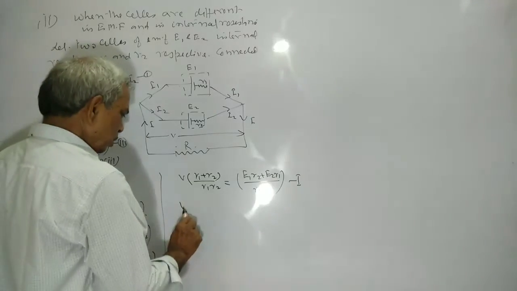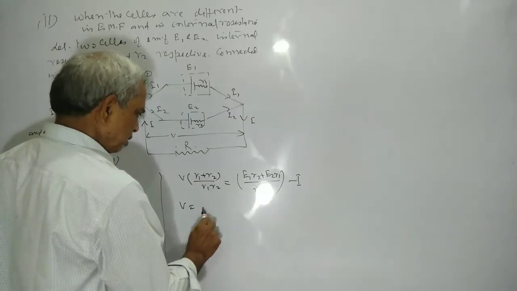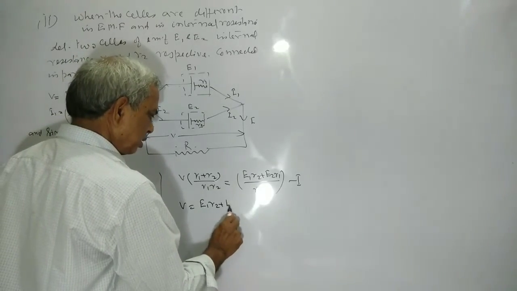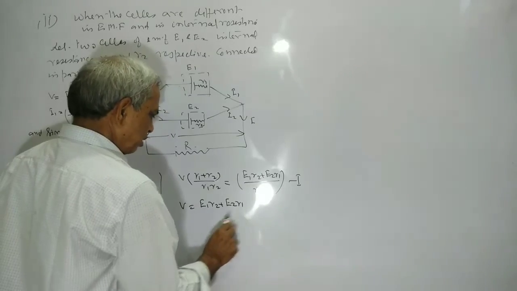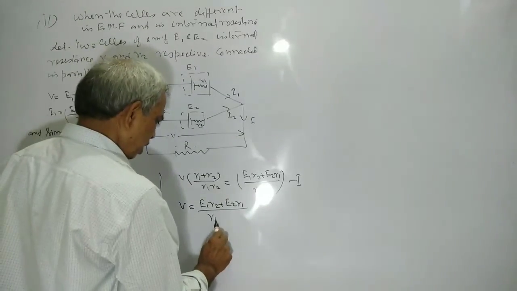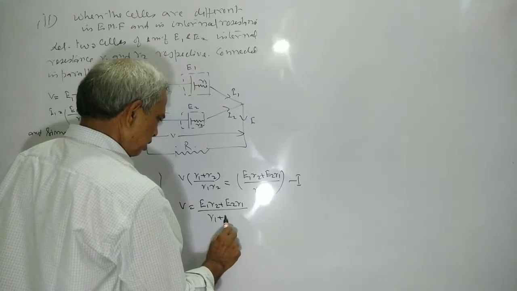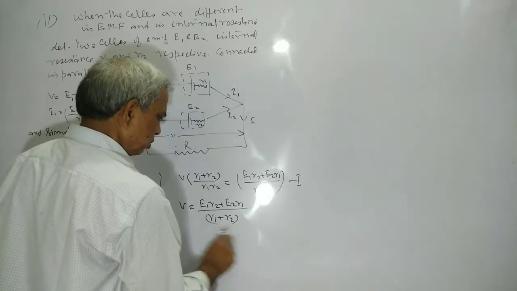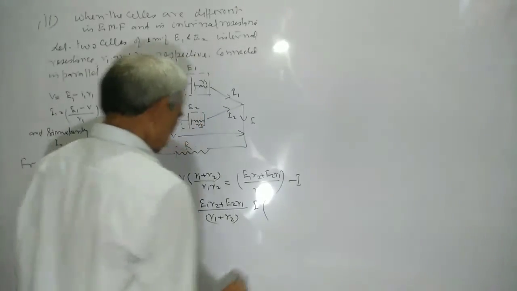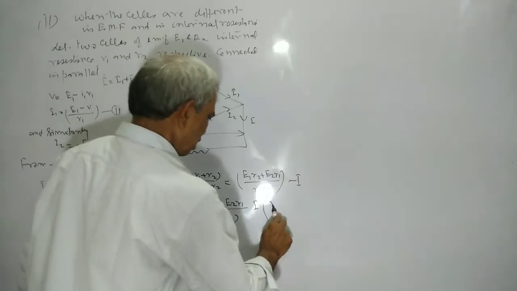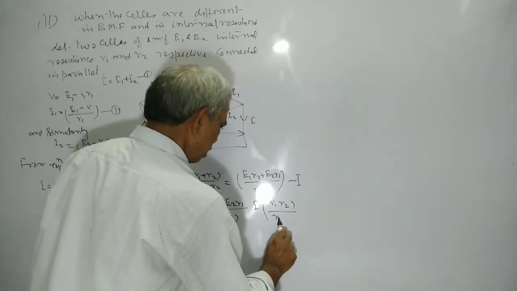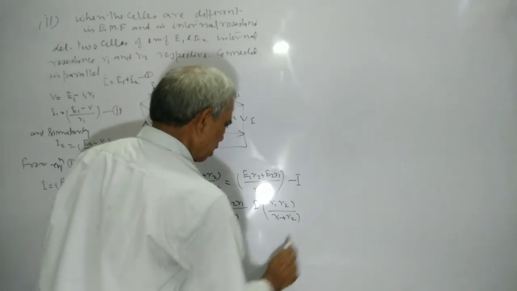Then V equals (E1 R2 plus E2 R1) upon (R1 plus R2) minus I R1 R2 upon (R1 plus R2).